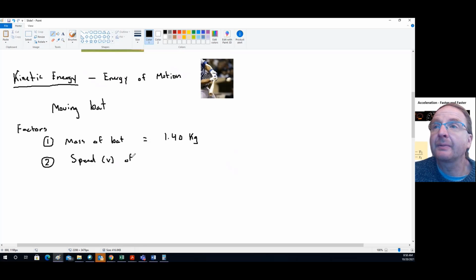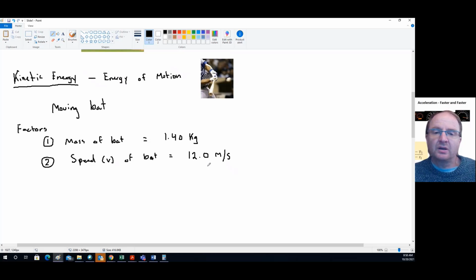So the speed of the bat, those two factors put together, multiplied together in a formula, and you're going to see that in a moment. Again, this particular bat is being swung at 12.0. Again, getting pretty exact, 3 significant digits, meters per second. Speed and also velocity, always expressed in meters per second.